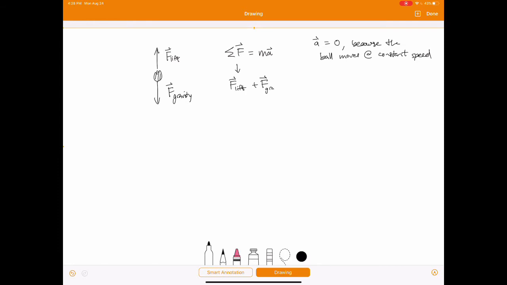I'm writing these in vector form, so add the two vectors together, and we get 0. What that tells me is that F lift is equal to minus F gravity. Another way of saying this is the forces are equal in magnitude, but they're pointing in opposite directions. That's what that tells you. Next I'm going to integrate both sides.